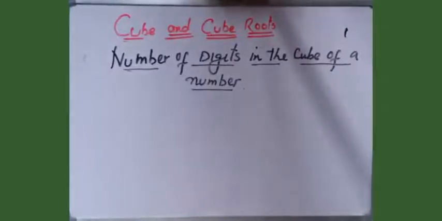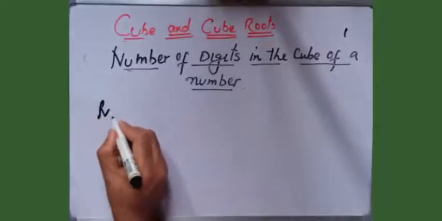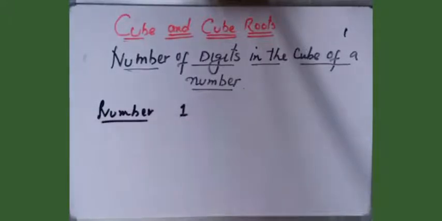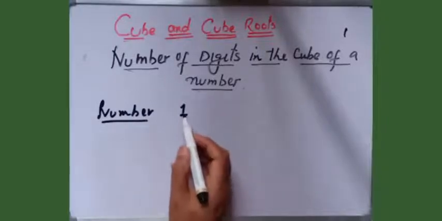now there is another thing that we need to know. What is the number of digits in the cube of a number? For example, let's observe some numbers and their cubes. For example, 1. How many digits are there in this?